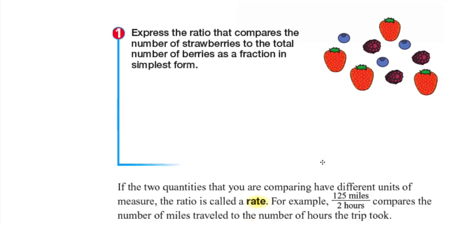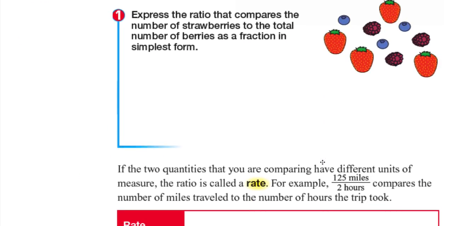Let's take a look at example number 1. Express the ratio that compares the number of strawberries to the total number of berries as a fraction in simplest form. So these are all your total number of berries. And if you notice, there are 4 strawberries out of 10, the total number of berries.